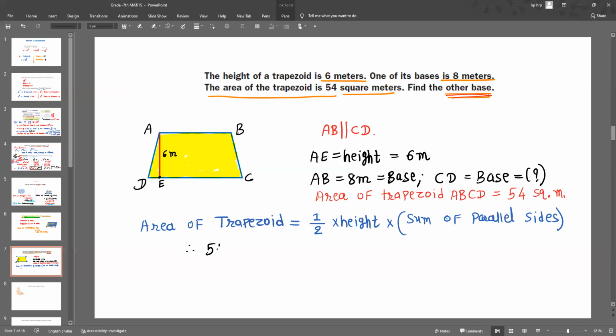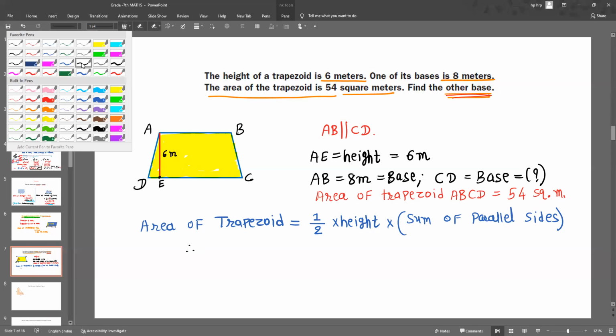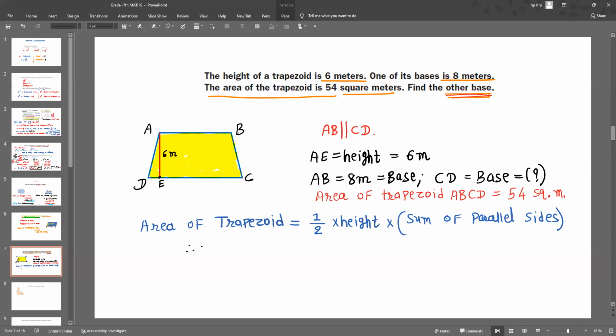So you can see that according to this figure, what we write here: the area is given, that is 54, is equal to 1 by 2. Height is also given, that is 6. Sum of parallel sides, okay, just a second. Here I can first write these values. So the area of ABCD is equal to 1 by 2, height, which is AE, times the sum of parallel sides.